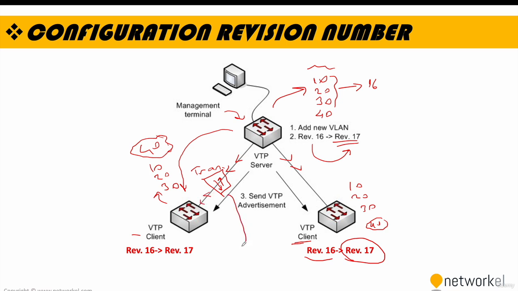But this transparent switch will not update its own VLAN database with 10, 20, 30, 40, okay? Whatever VLAN ID it has already, let's say it has VLAN 5, 6 and 7, it will continue to have VLAN 5, 6, 7 still, but it will forward the traffic for VLANs 10, 30, 20, 40 to the VTP client, okay? But it will not update its own VLAN ID database.